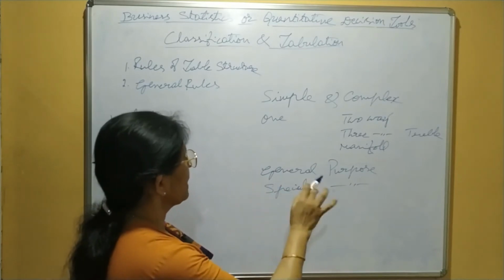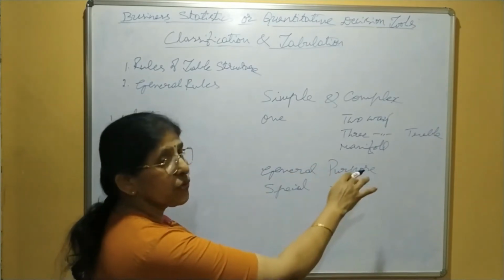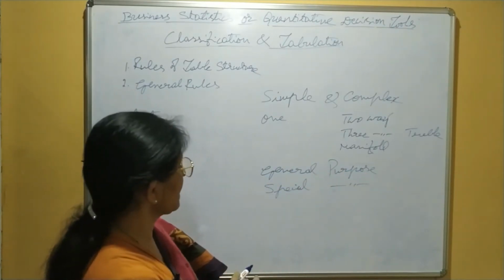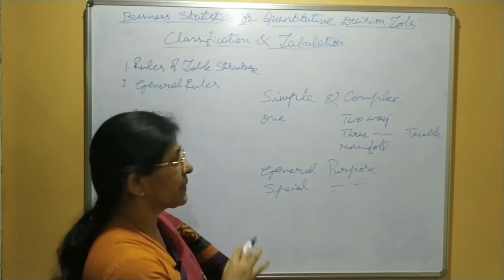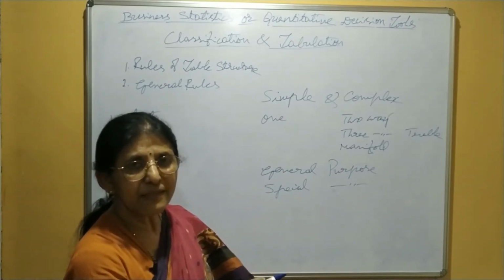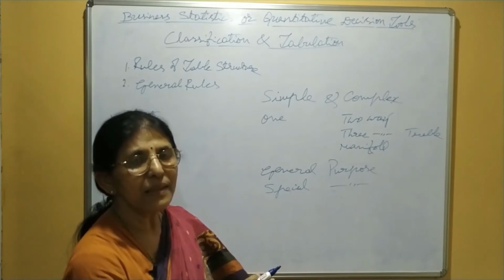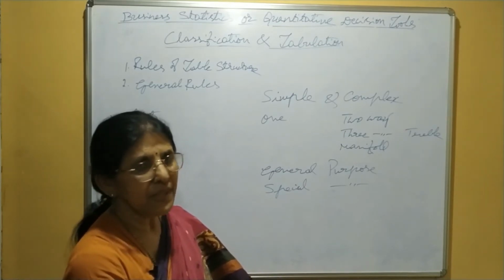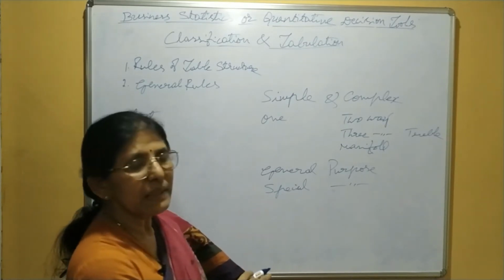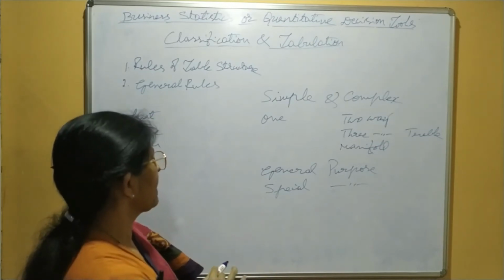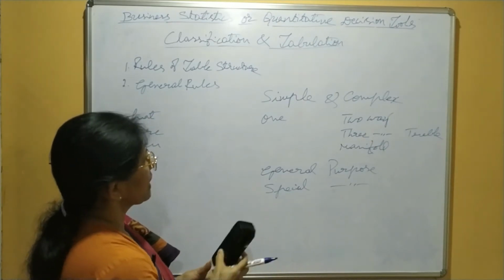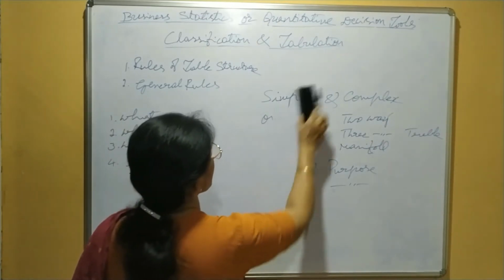Anyone may use those tables for any purpose. On the other hand, a special purpose table is prepared for a particular predetermined purpose. Therefore, it is also called an analytical table. Okay, these are regarding the types of table.